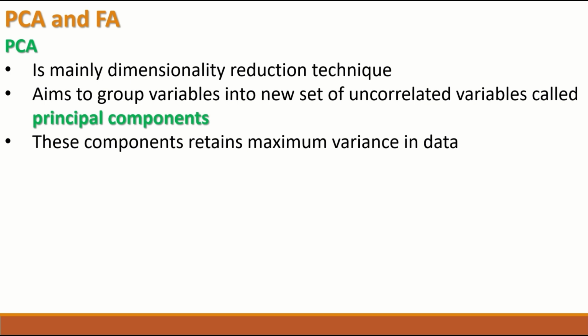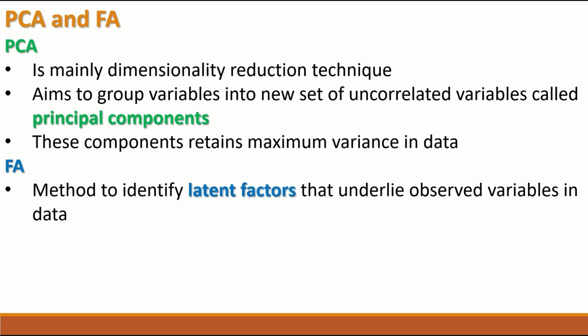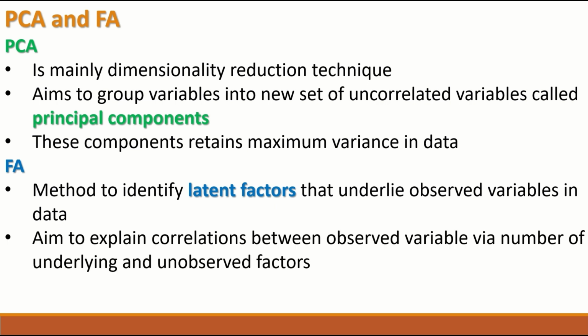That is the main objective of performing PCA, to generate principal components, grouping a collection of variables into components. These components retain maximum variance in the data. However, the FA is a method to identify latent factors that underlie observed variables in data. It aims to explain correlations between observed variables via a number of underlying and unobserved factors.